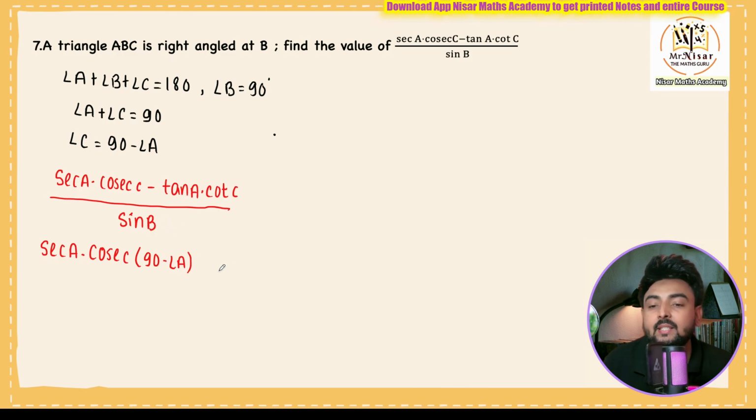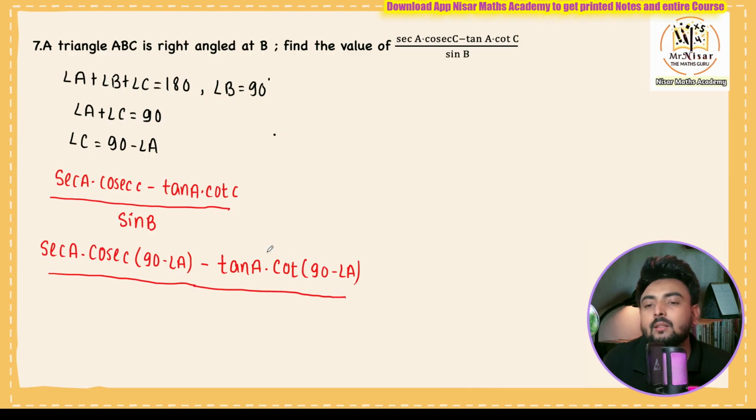Because I want each and every angle in the same one. Then tan A we have, and cot C is there. So cot C, angle C, I can write as 90 minus A. We are converting every angle in terms of A. And then we have in the denominator sin B, and the B angle is given to us, that is 90.